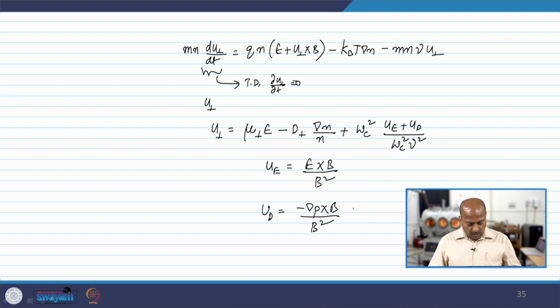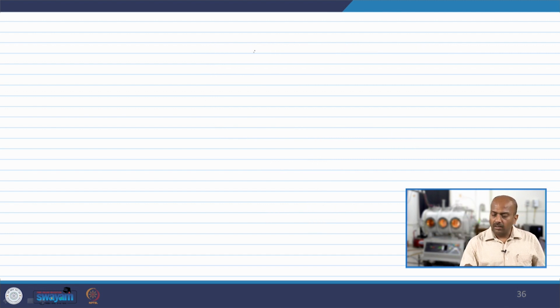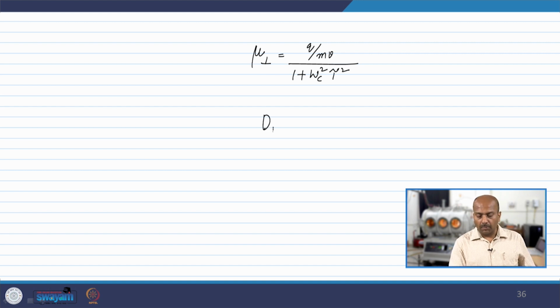With the help of this, by just doing some simple algebra, we can define the perpendicular mobility mu perpendicular as q by m nu divided by 1 plus omega c square tau square, and the perpendicular diffusion coefficient as kBT by m nu divided by 1 plus omega c square tau square.